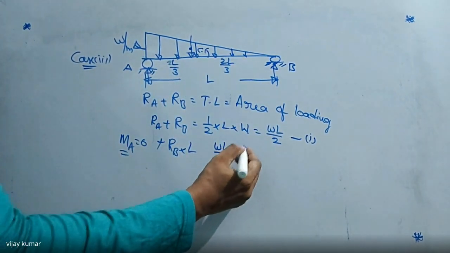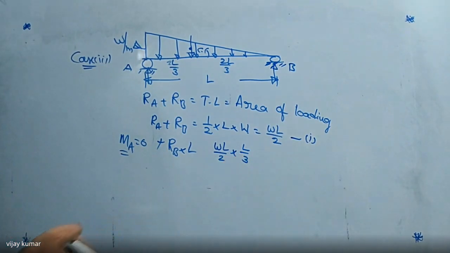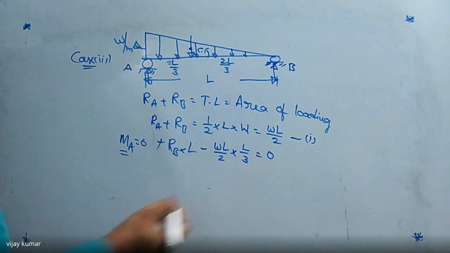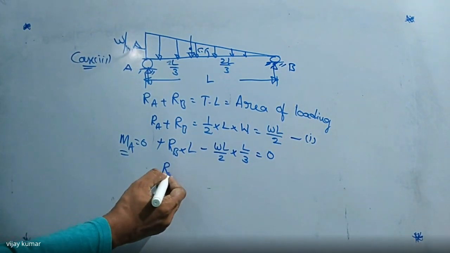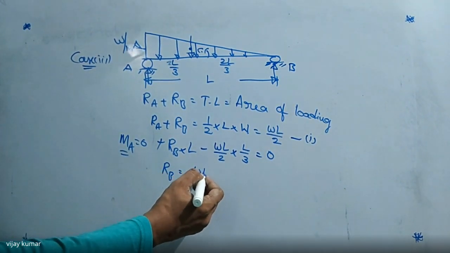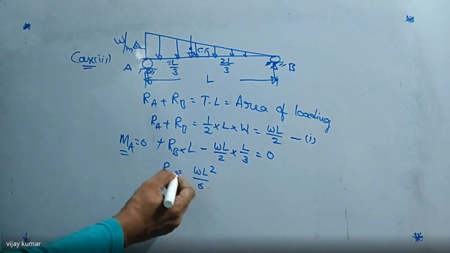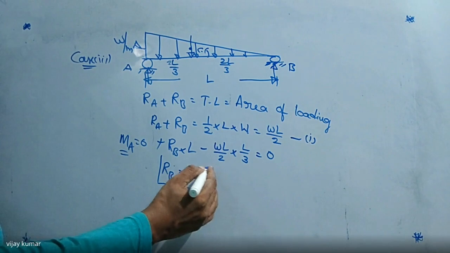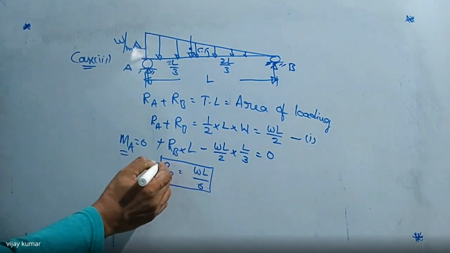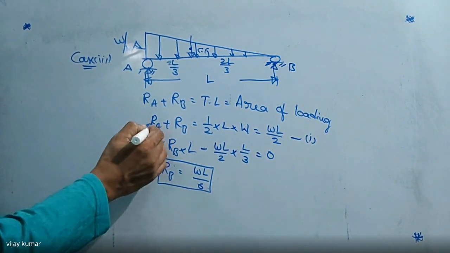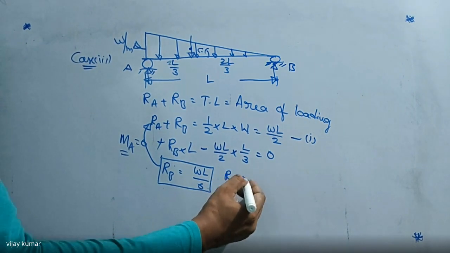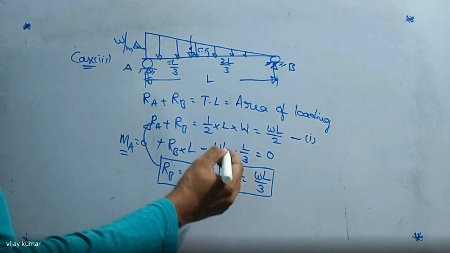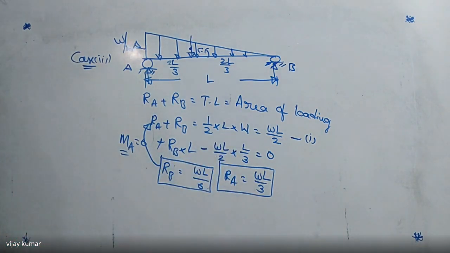So I write WL by 2 multiplied by L by 3, which is negative, equal to 0. Here I want to find RB. RB is equal to WL square divided by 6. The L's cancel, and we get RB equal to WL by 6. If you substitute this value in the first equation, then RA is equal to WL by 3. So these are the true values of RA and RB.